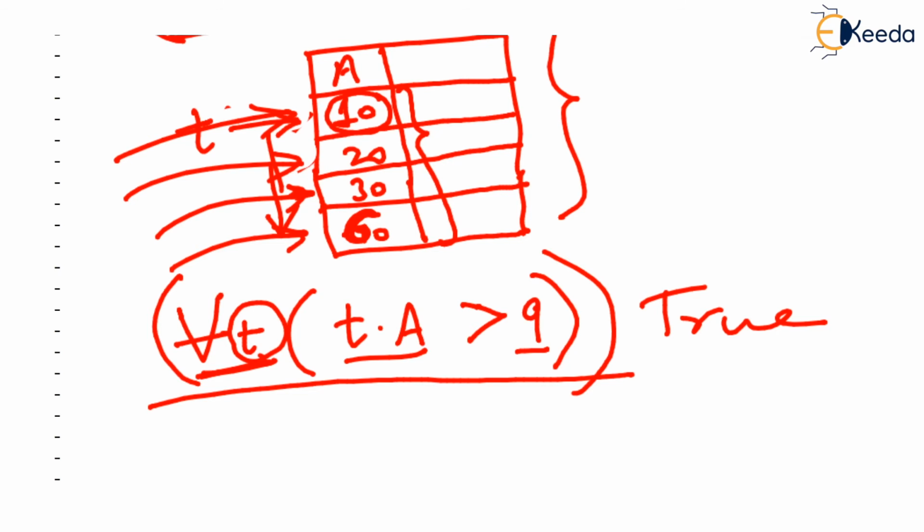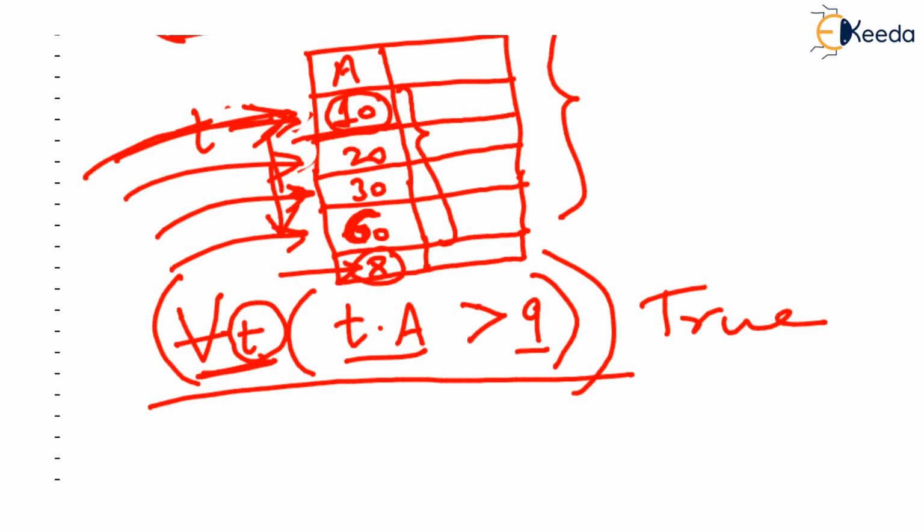Who knows? There is a fifth row over here with the value 8. Check this. Now, if only on the basis of one row it says, okay, the value is greater than 9, so I am going to announce this as true, then this type of checking is wrong, because this is not true for all the tuples. Yes, for this tuple which I am right now marking, this condition is not true.